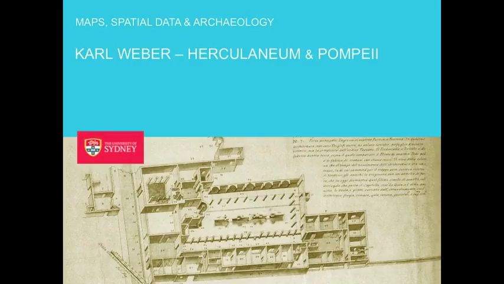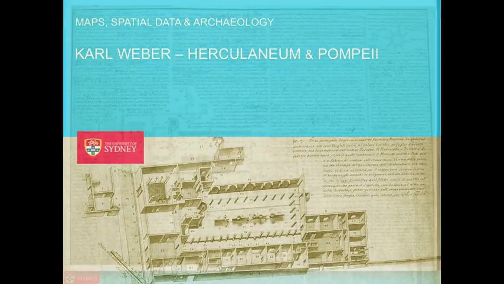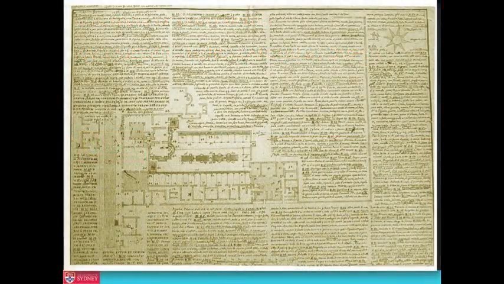Now, Carl Weber got into a bit of trouble because he wasn't particularly interested in just finding things. He recorded, and you can see this is one of his original plans, where things were found. And he had a tendency to excavate whole buildings and whole rooms, not just dig tunnels to find interesting things. So he wasn't actually in a lot of favour.